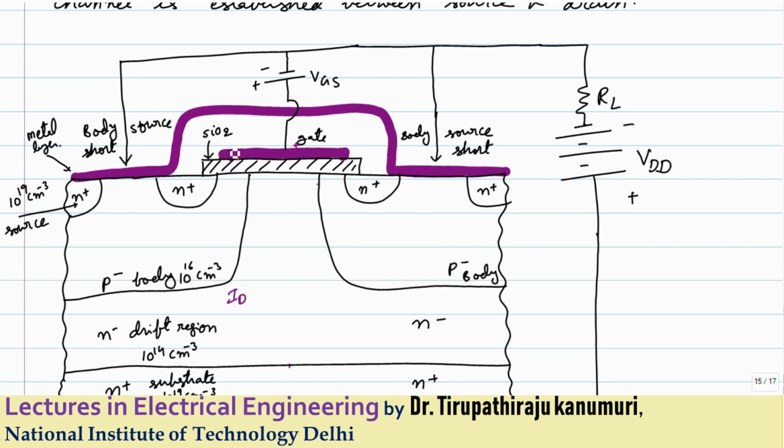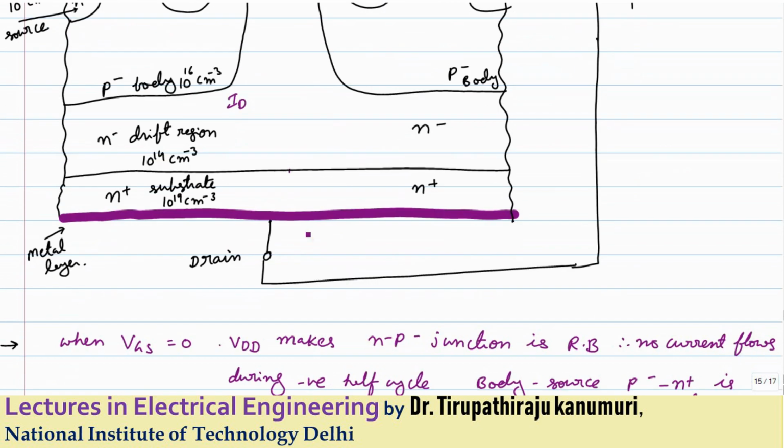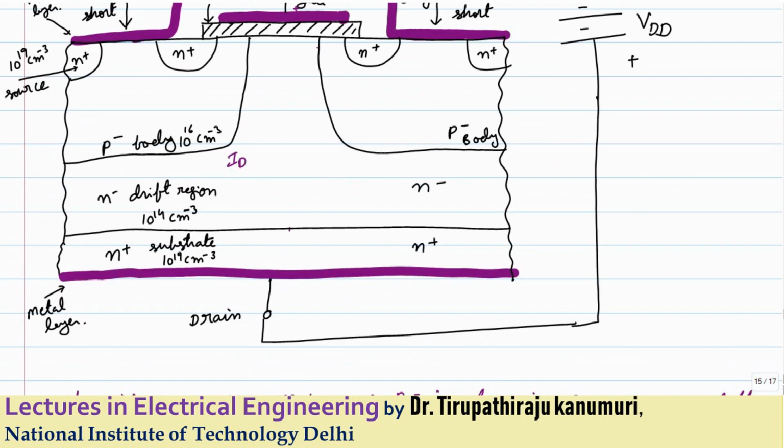Now a metal conductor is formed around this SiO2 layer to take the gate terminal. The voltage to the gate is provided using the voltage source VGS, and this is my source. All the sources are connected in parallel and they are connected through your load to your VDD. So VDD is connected between the drain and the source. VDD indicates the drain voltage. Getting this?